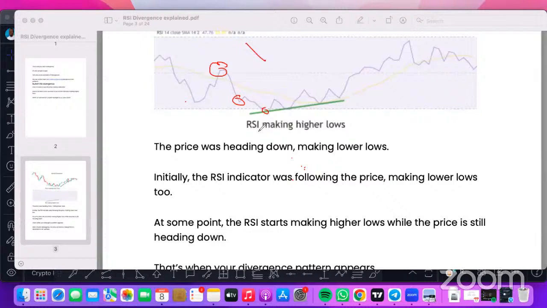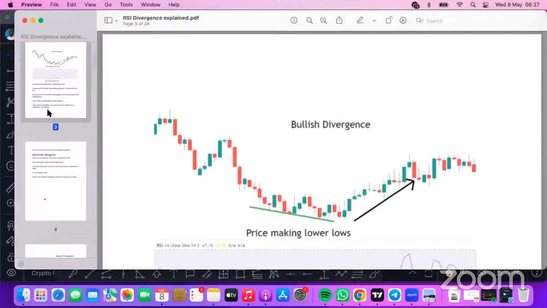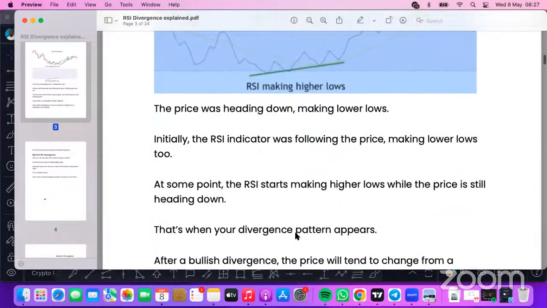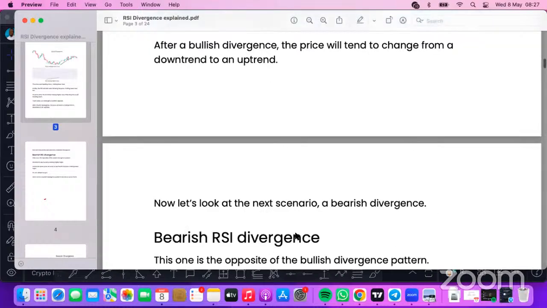When this pattern happens, we say it has formed a divergence. After the bullish divergence, the price will tend to change from a downtrend to an uptrend. It will change from going down to going up, as simple as that.